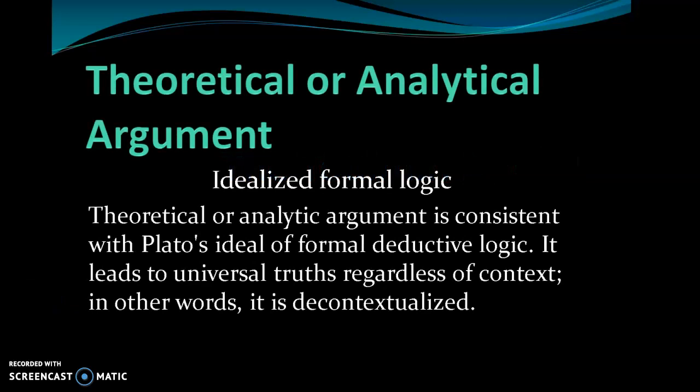In theoretical argument, this is idealized argument that results in universal truths using deductive reasoning, like in that example we just talked about. If all men are mortal and if Socrates is a man, then we can deduce that he is mortal.